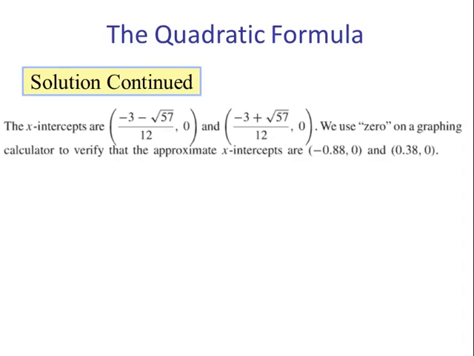Now we can use the 0 feature on the graphing calculator to verify that these are indeed the x-intercepts. So this value is approximately equal to negative 0.88, and this value is approximately equal to positive 0.38.